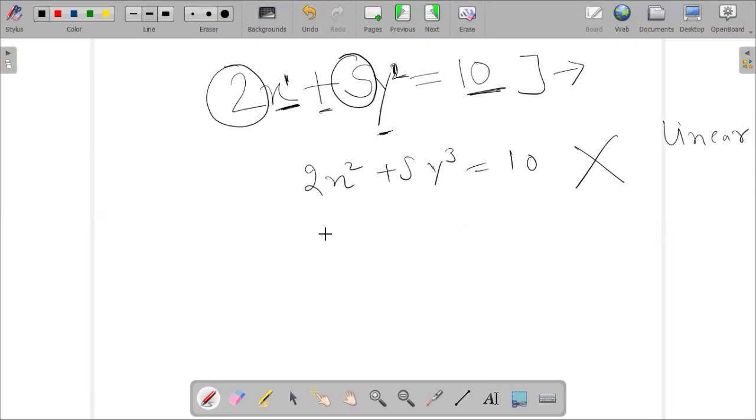Let me erase this. And I'm saying this is 2x plus 5y. This only. So this is not a linear equation in two variables. Why? Because there is no equal to. If you want to make an equation, then an equal to should be there, right?